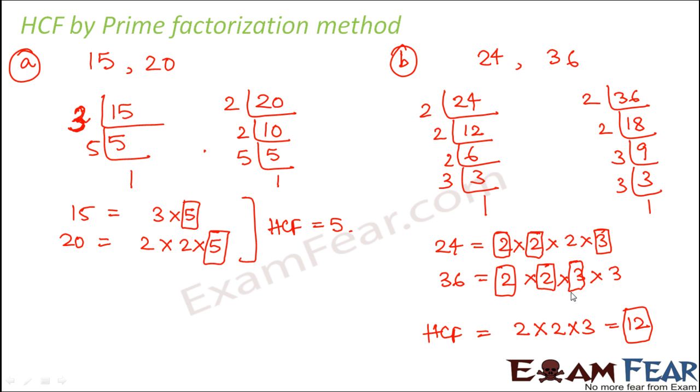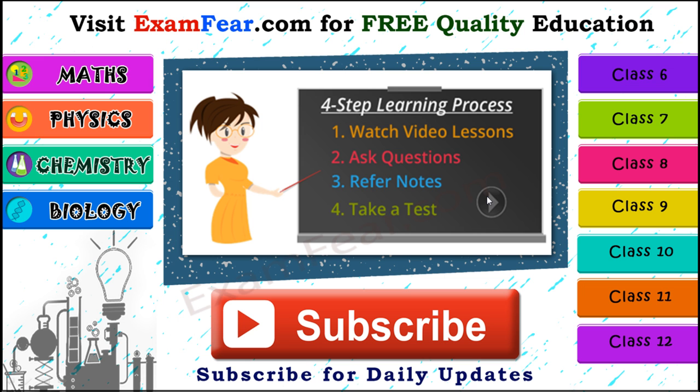This 2 is also a common factor. 3 is also a common factor. When we multiply all of them, we get the highest common factor between 24 and 36. And this is the prime factorization method. So whenever you have to find out the HCF of two or more numbers, make use of the prime factorization method, because it is simpler and it is also more reliable.